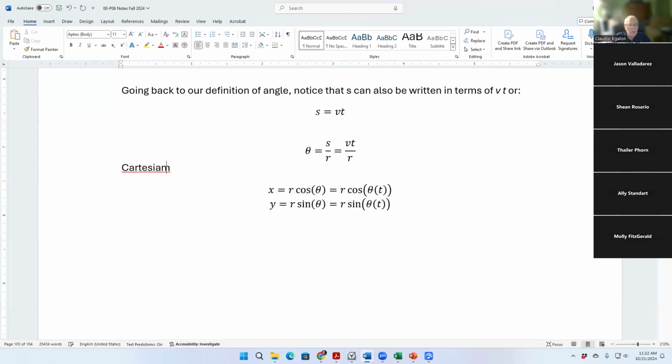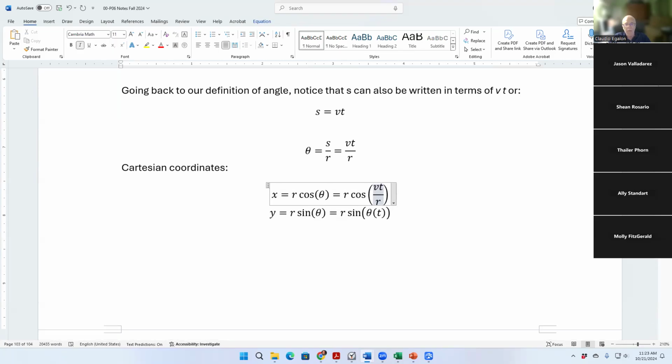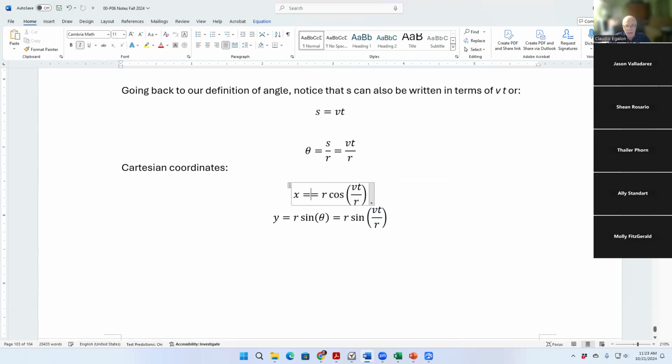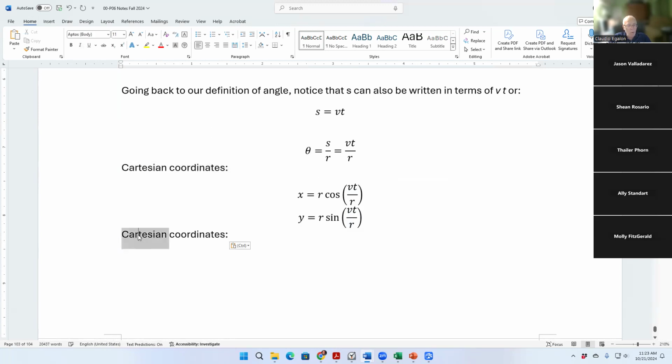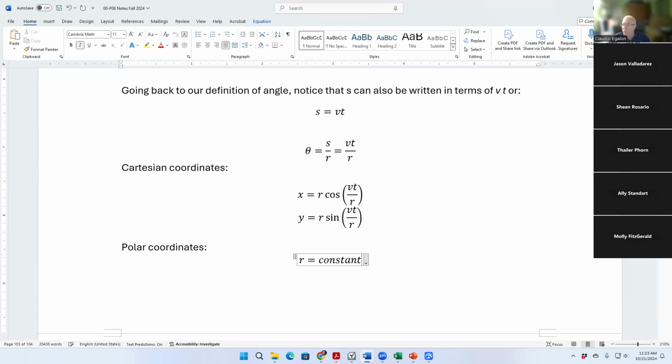Cartesian coordinates: that's going to be Vt over R, and that's going to be Vt over R. Polar coordinates: R is a constant, and theta, we found it before, is Vt over R.